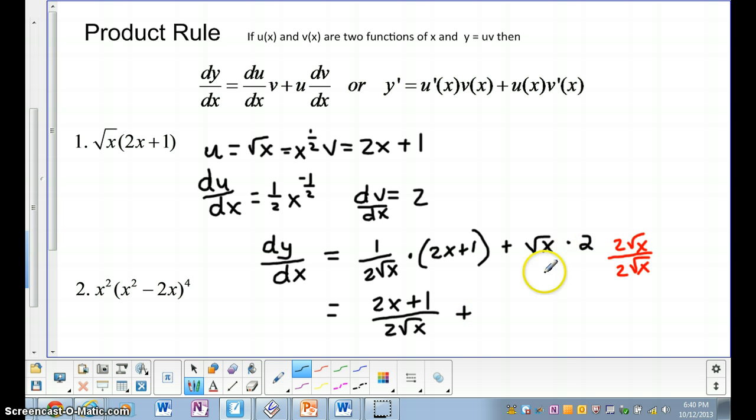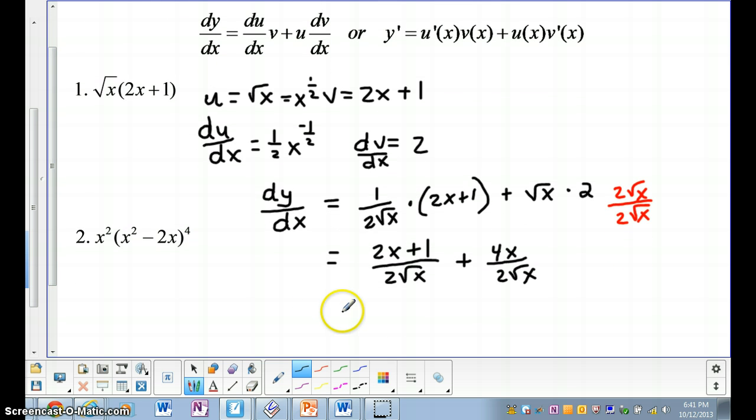So we will have 4x over 2 times the square root of x. Now we have common denominators, and our final derivative simplified is 6x plus 1 over 2 times the square root of x.